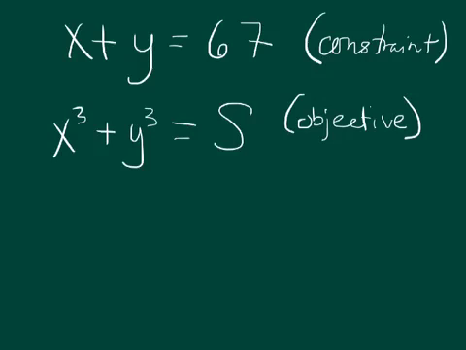Not to find the sum, but to make the sum of the cubes a minimum. So the objective is to minimize the second function. It said, find x and y such that the second function is minimized.